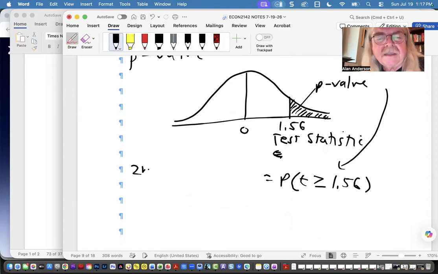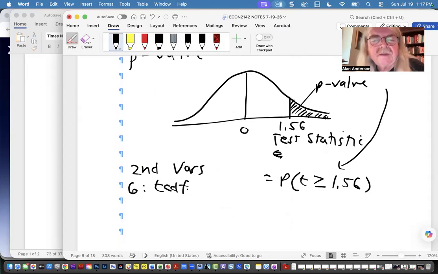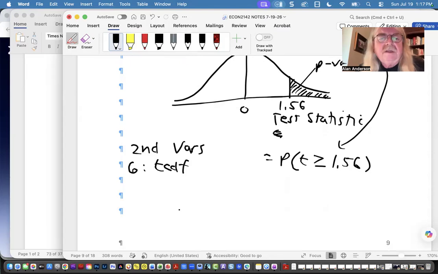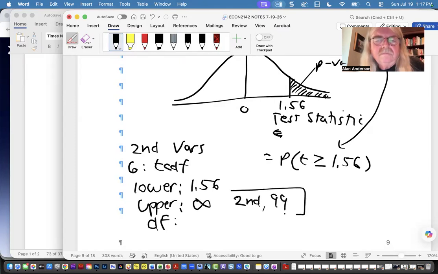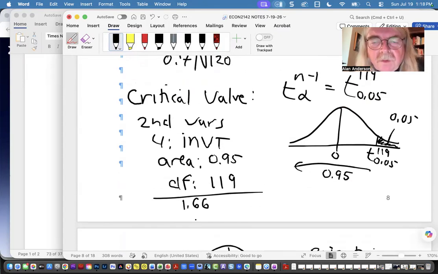So we look this up as 2nd, VARS, 6, tCDF, lower and upper, and degrees of freedom. And degrees of freedom is 119.